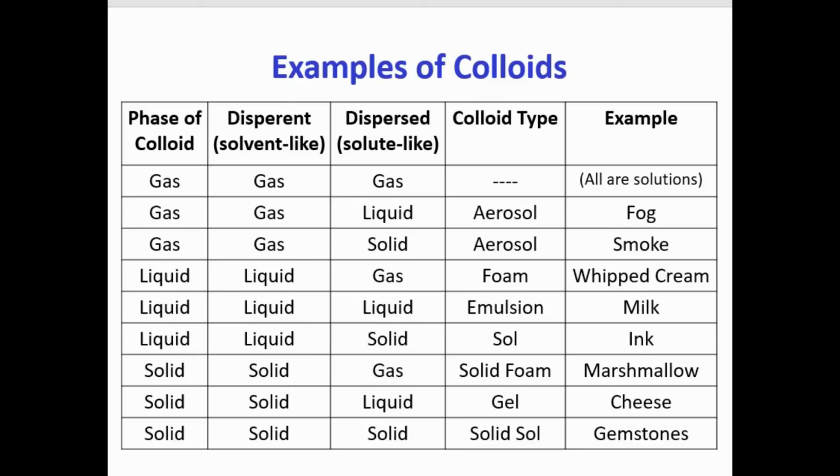We could also have a dispersant being a solid and the dispersed being a solid. We call that a solid sol. And some examples would be gemstones. Some gemstones are quartz, and the color are other solids dispersed in them, giving it their color. There is no need to memorize the various types of colloids. They were just given as an example.